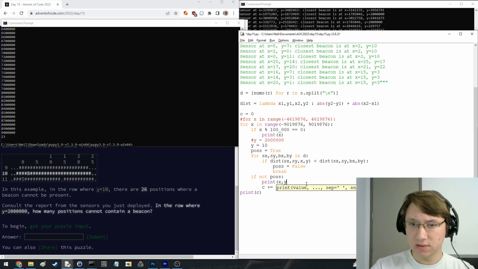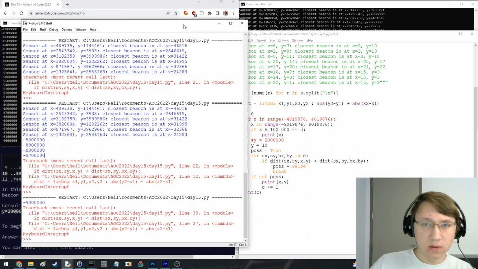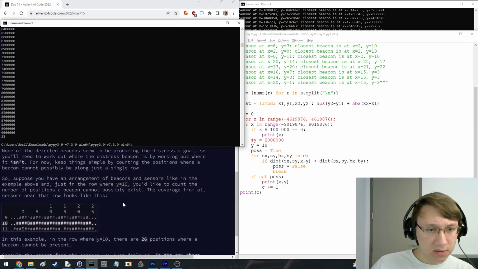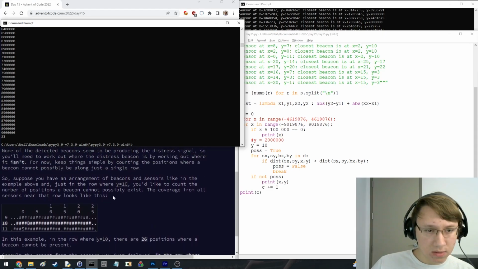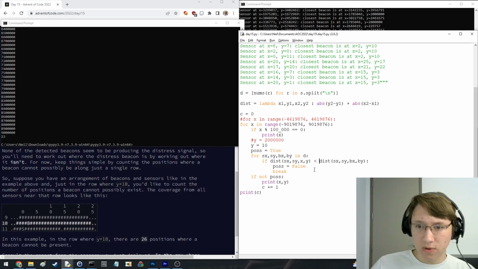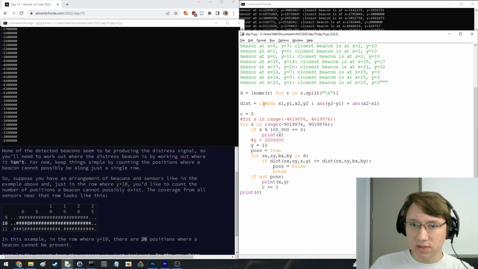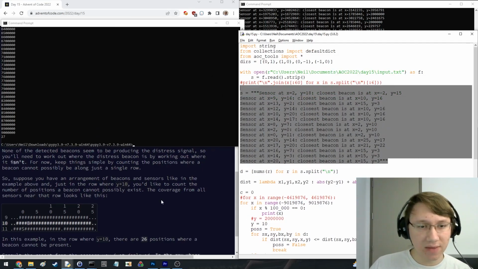Not pos. Nope. What are the positions where it cannot possibly exist? Oh, I think we care about this. That I think was a bug. Let's see if it's 26. It's 27.